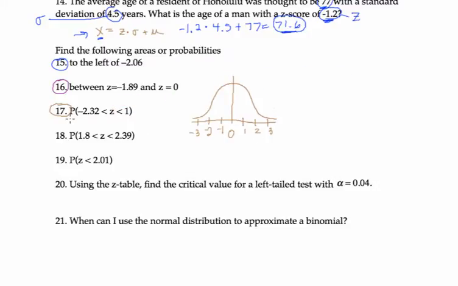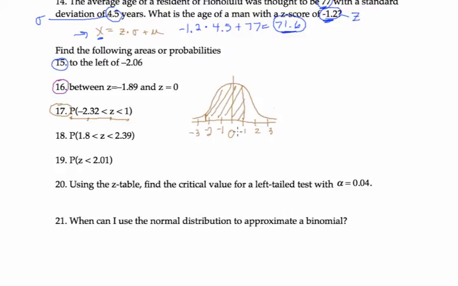17. Let's talk about what this statement right here says. The probability that your z-score is between negative 2.32 and 1. So negative 2.32 about there and 1 about there. So I'm looking for the probability of being in this shaded region.